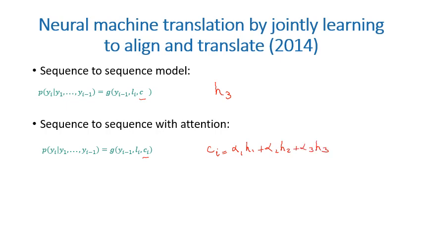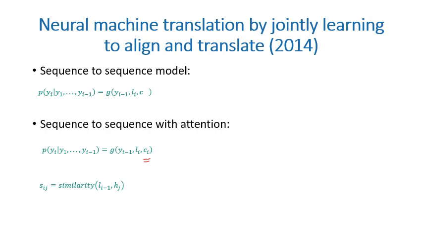So that's the difference between sequence-to-sequence with attention and the vanilla sequence-to-sequence model. What's important here is, in this weighted sum, how can I compute the weights such that they are meaningful, such that Ci is a meaningful weighted average.